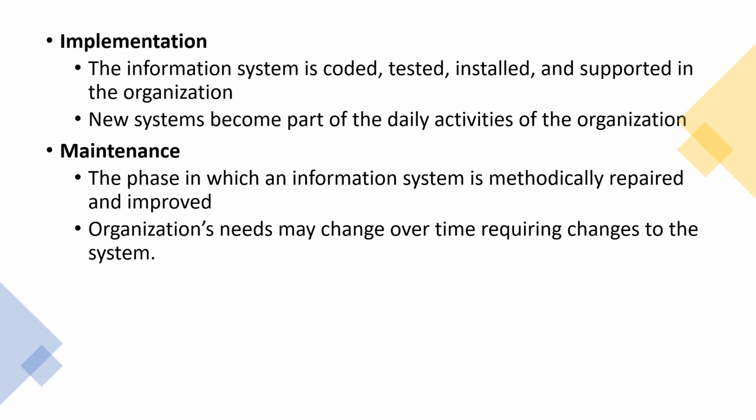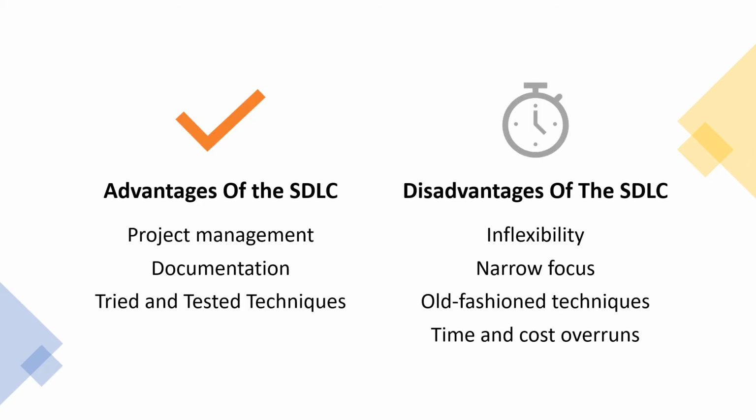This continues until the system becomes obsolete, and then the organization starts developing a new system. That is why it is a cycle, because we go back to plan.